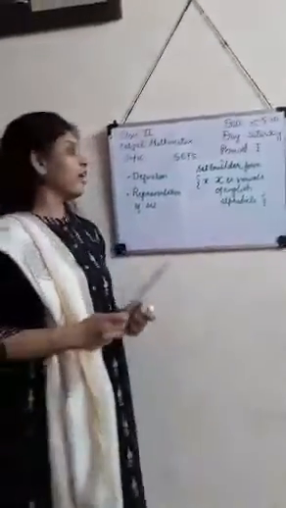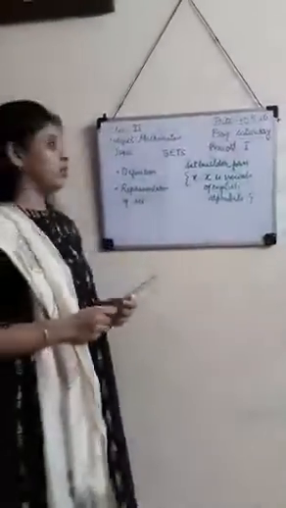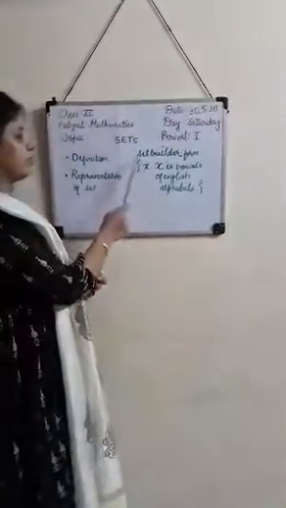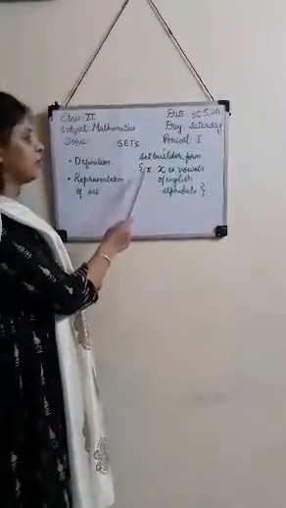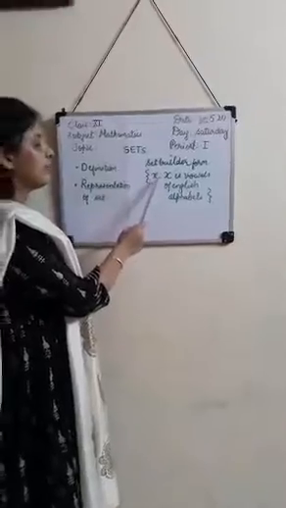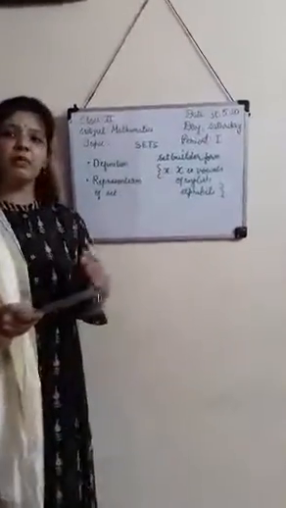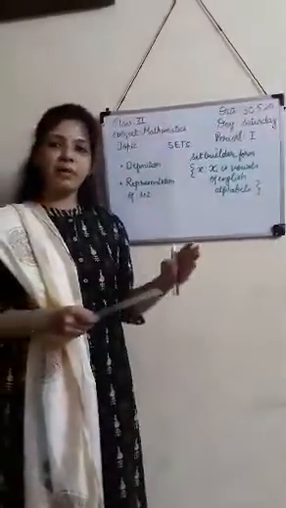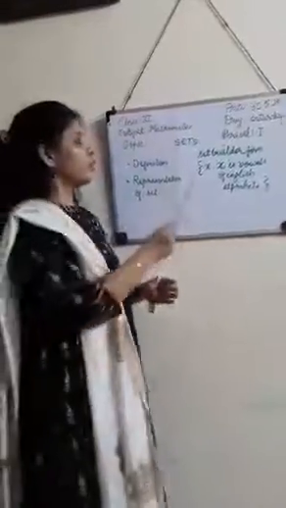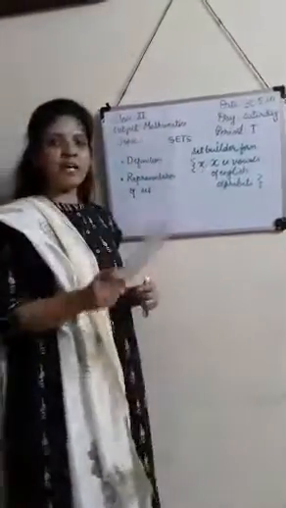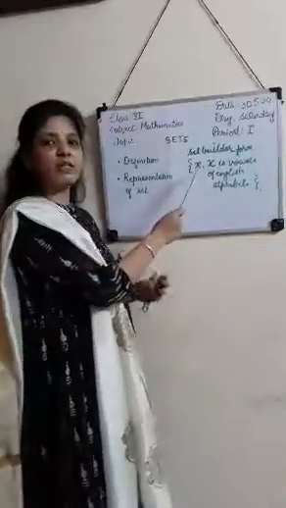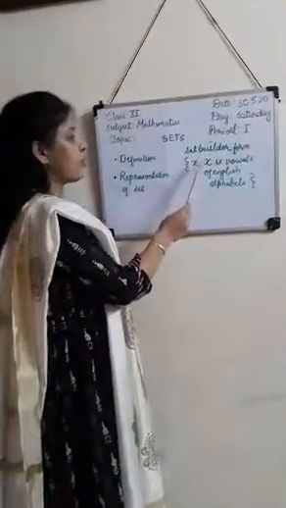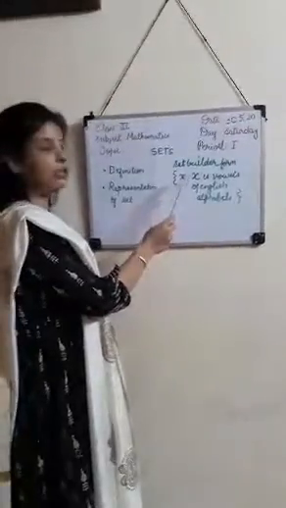So how do we write it in set builder form? First we start the braces, then we denote the element. Since elements of the set have the same characteristics, we denote the element of the set by a variable x, y, z, etc. Then it is followed by a colon.